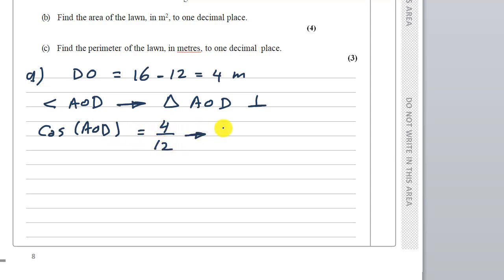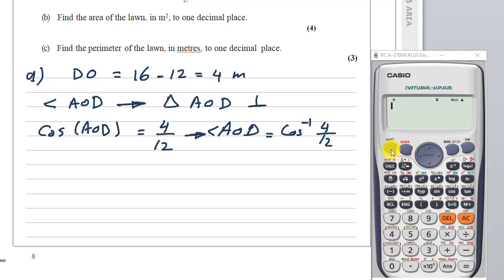So from here, angle AOD is equal to cosine inverse of 4 divided by 12. So shift, radian mode. Now shift cosine minus 1, 4 divided by 12.